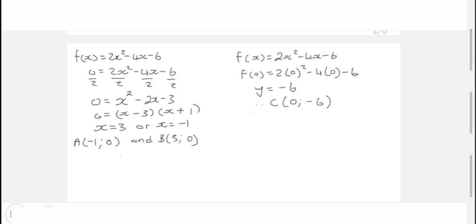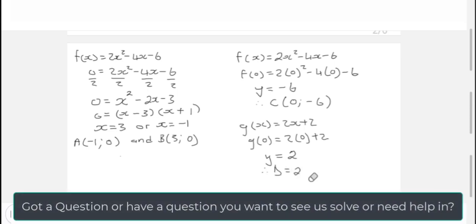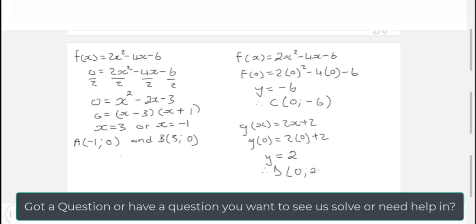Then we go ahead and find the y-intercept for the g function. So g of x is equal to 2x plus 2. Then I'm just going to say g of 0 is 2 into 0 plus 2. Therefore, it will be 2. So therefore, the coordinate d, sorry, actually I should have written 0 and 2.